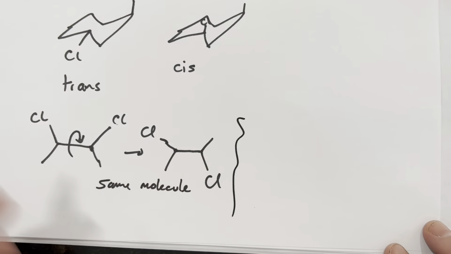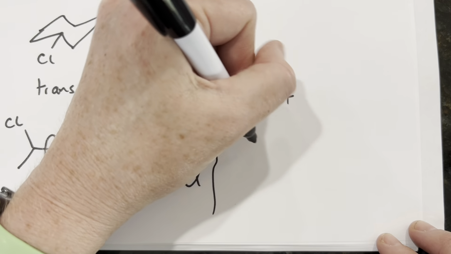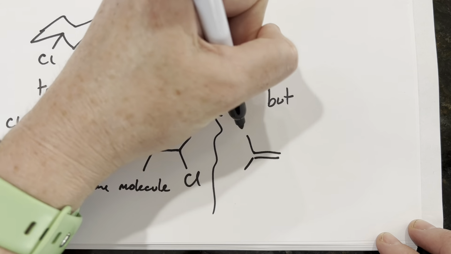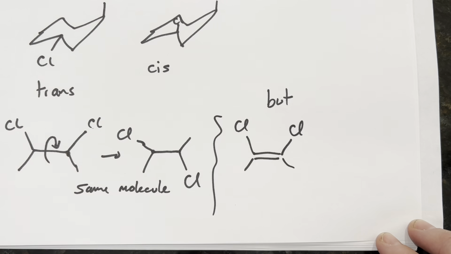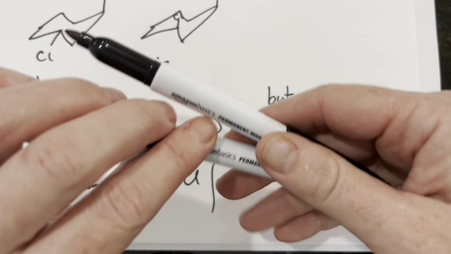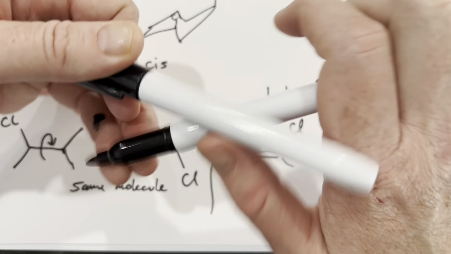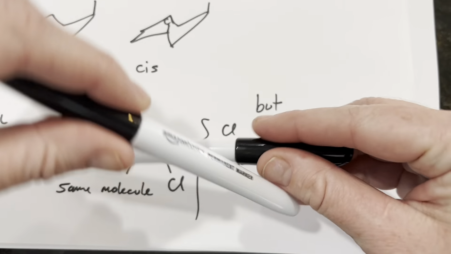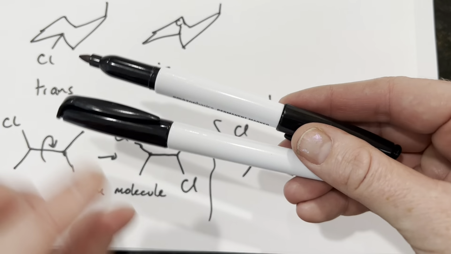But if you have a double bond like this, you can't twist this. The reason is you can't twist two pens around each other. It's not going to freely turn. We don't turn it like this. It would have to actually literally twist around itself, and it would get all tight and screwed up. It's like if you have two ropes.